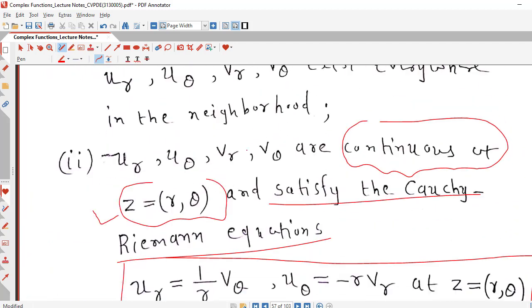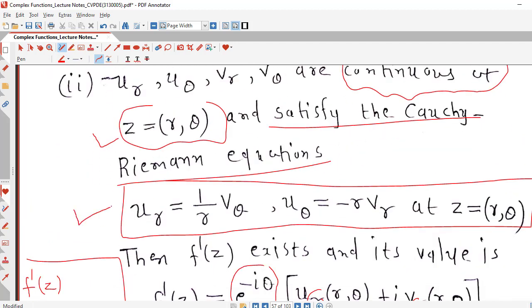So we have to remember these Cauchy-Riemann equations in polar form. They are del u by del r equal to 1 by r del v by del theta. If I am considering the partial derivative with respect to r here, I consider with respect to theta there, and if I consider with respect to theta here, I consider with respect to r there. Here the right hand side is multiplied by 1 by r, and there the right hand side is multiplied by minus r.